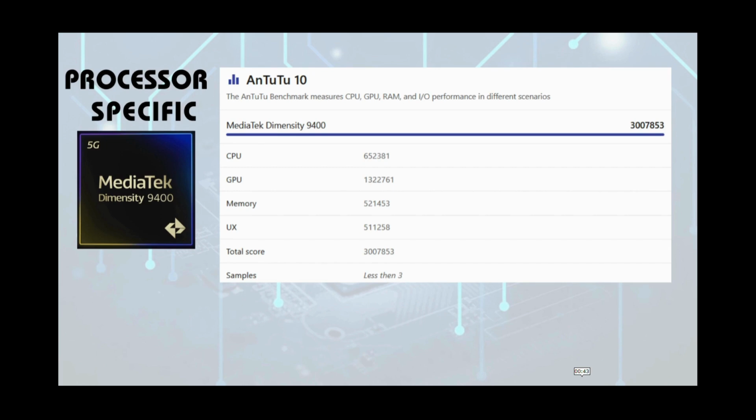CPU score comes to around 6,52,381, GPU score around 13,22,761, memory around 5,21,453, and UX score around 5,11,258, and the total score is around 30 lakh 7,853.